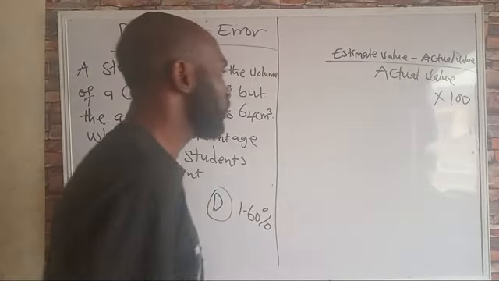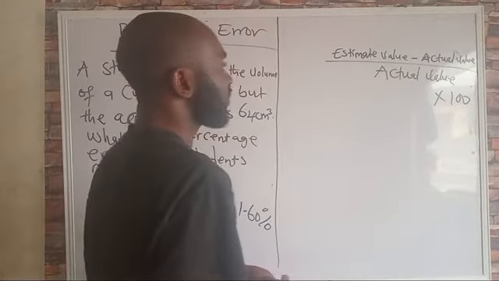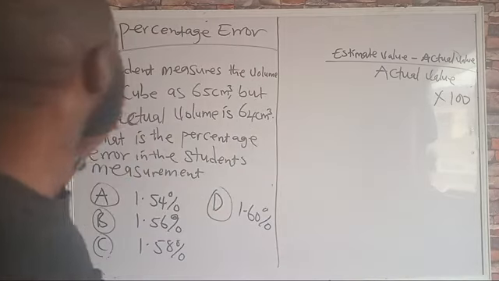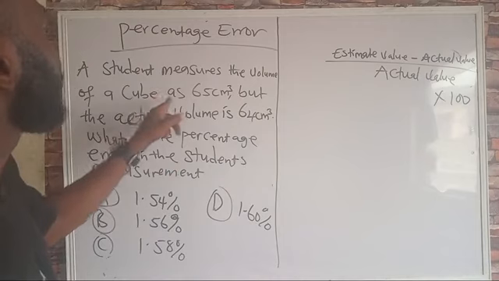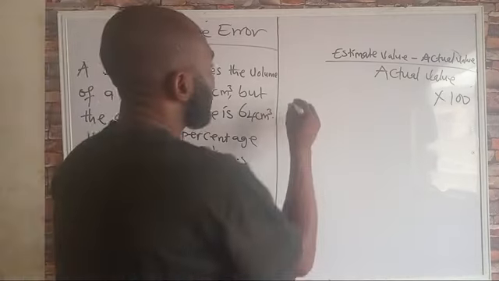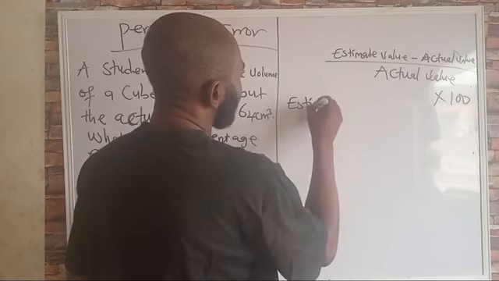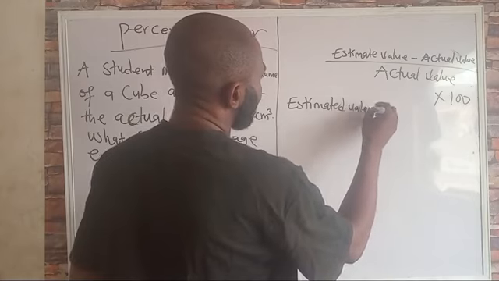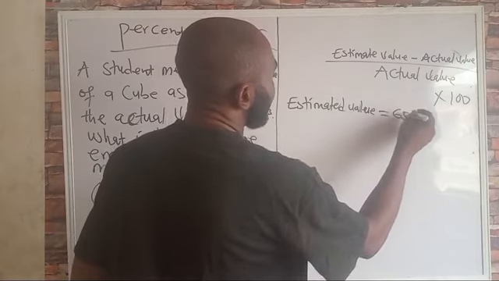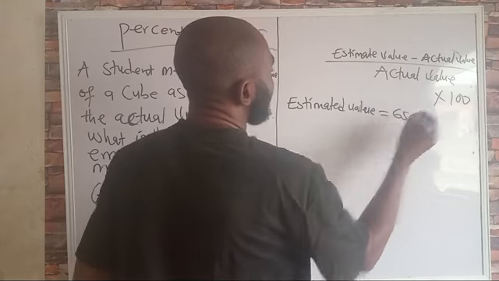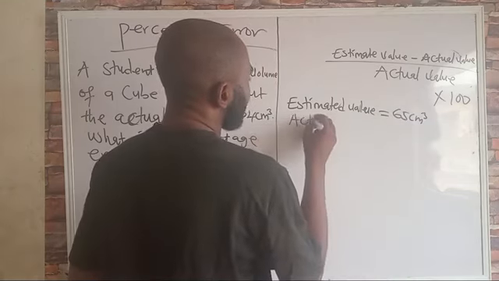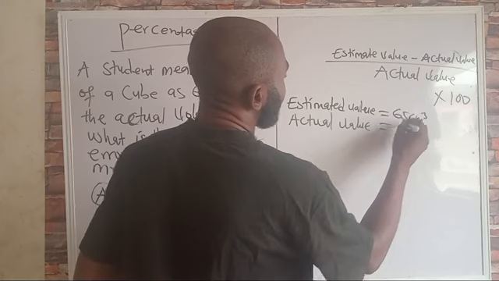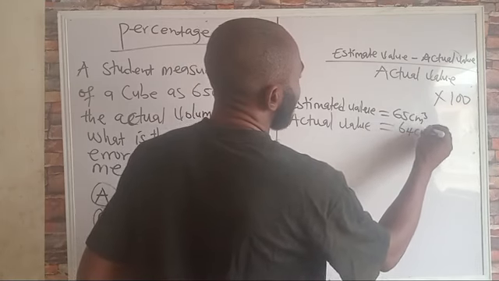All right, so from the question, a student measures the volume of a cube as 65. So the estimated value is equal to 65 cm³, while the actual value is equal to 64 cm³.